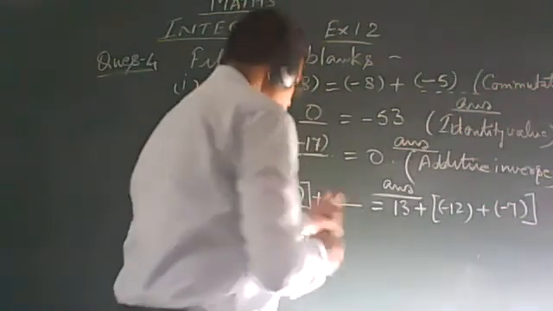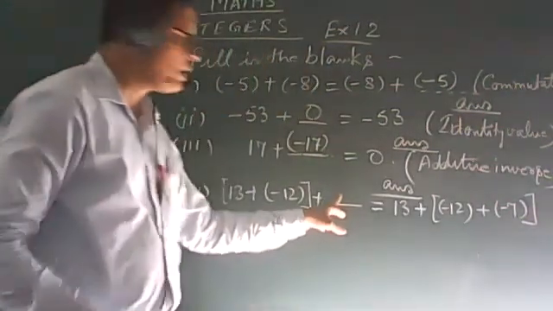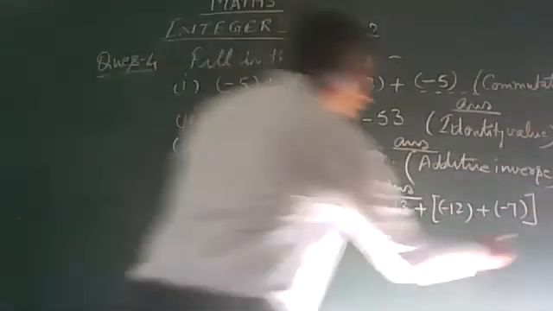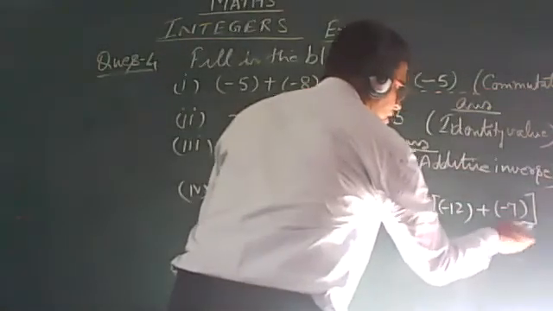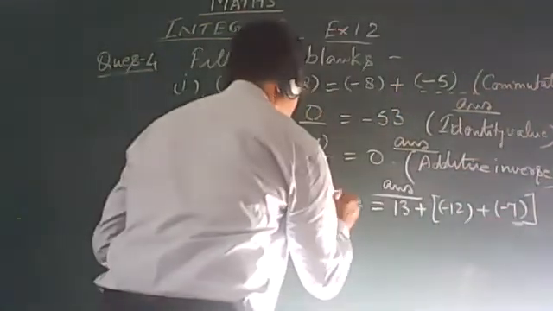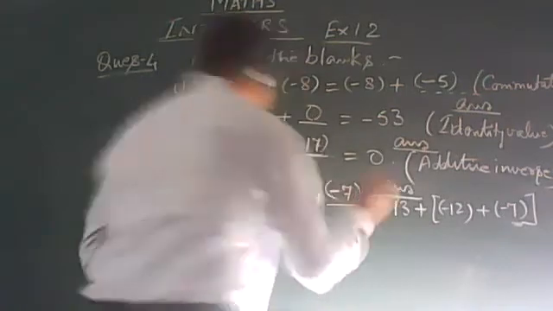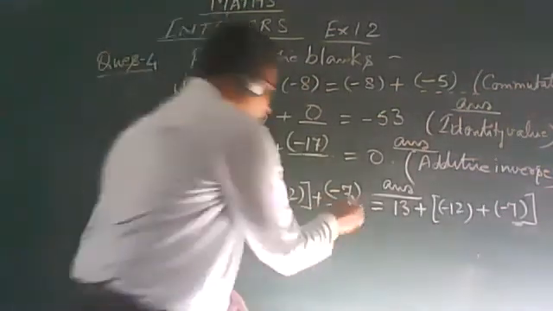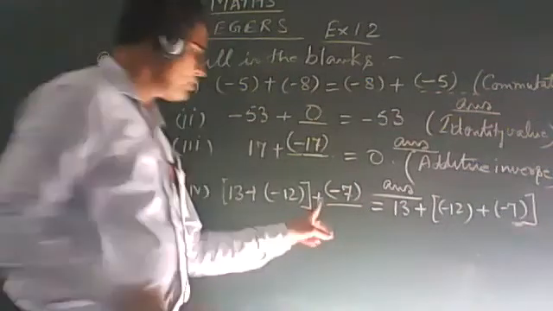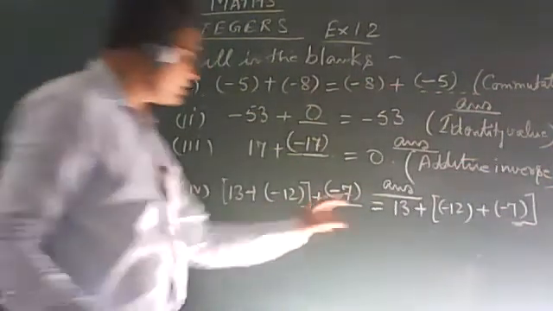Here you have to find the third number, and the third place number is minus 7. We write minus 7 in brackets, because the positive sign is already given and this is the opposite sign.